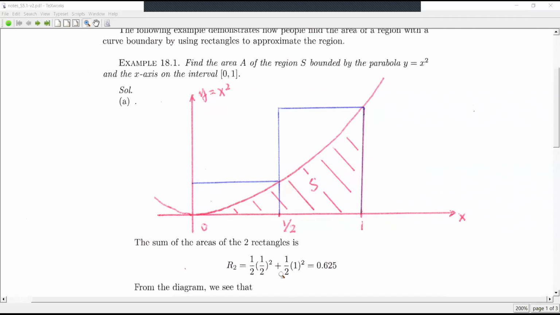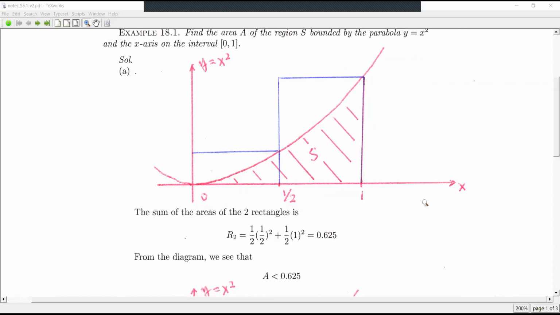Now make a sum of these two areas. Then we get 0.625. From this diagram, the area of the region clearly is less than the sum of the areas of these two rectangles. Therefore, we get this inequality.